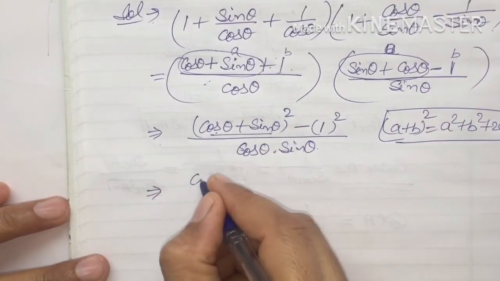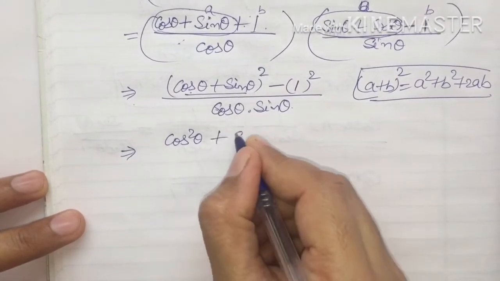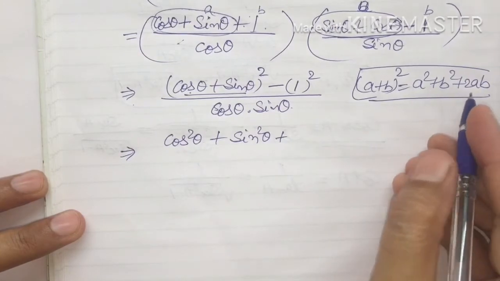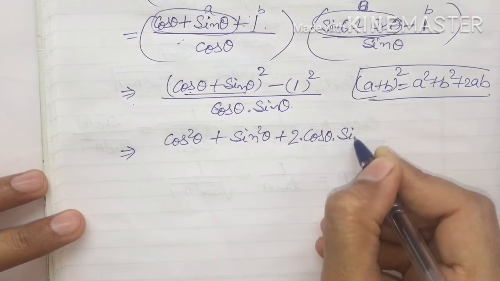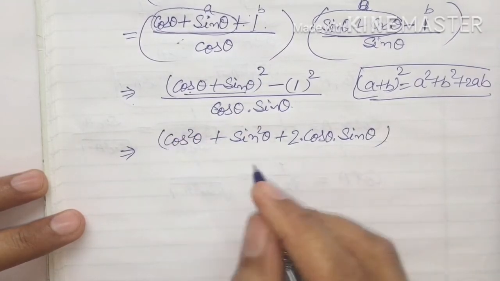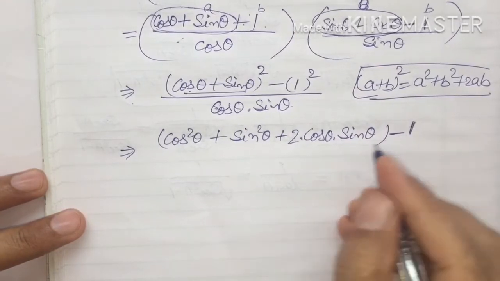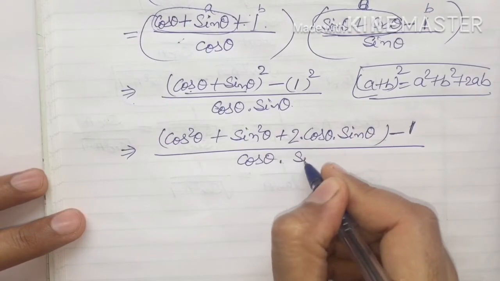So it will be A square means cos square theta, B square means sine square theta plus 2AB, 2 into A means cos theta and B means sine theta. This identity we have used, and minus 1 is there in the numerator, and in the denominator cos theta into sine theta.